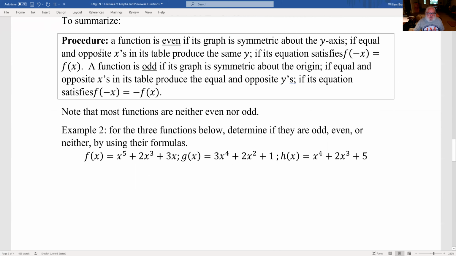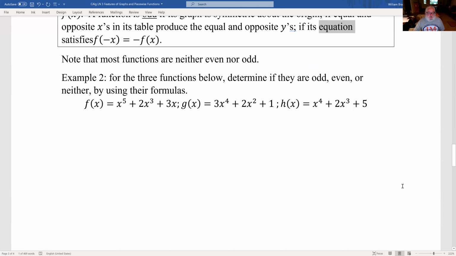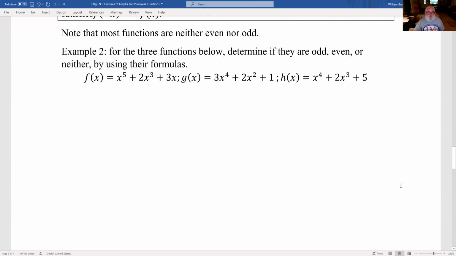For tables, equal and opposite x's produce the same y values, and a statement for the equation. Again, graph, table, equation, 3 ways of thinking about functions. So for these 3 functions, even, odd, or neither, just by using the formulas and not graphing them.